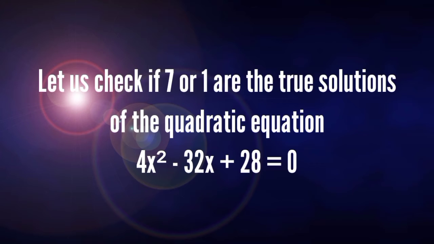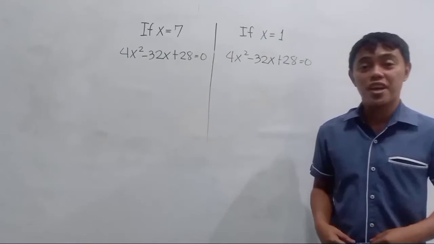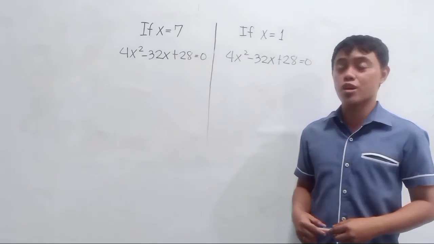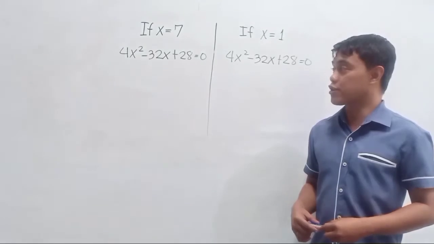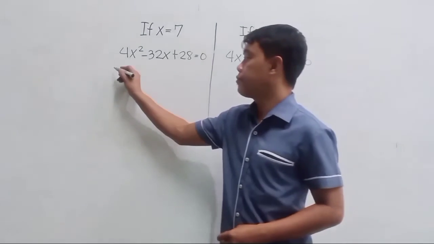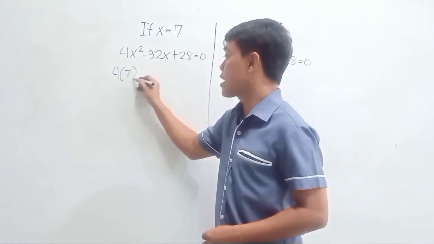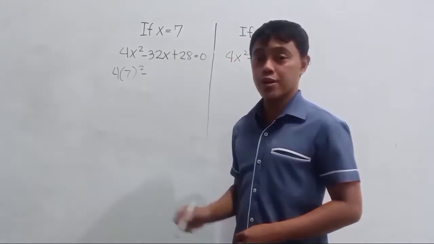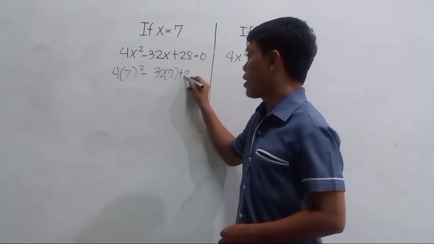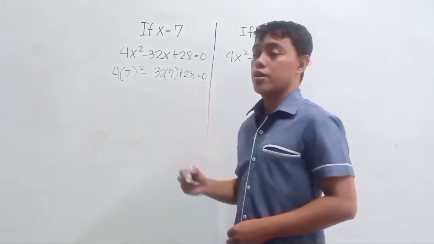Let us check if 7 or 1 are the true solutions of the quadratic equation 4x squared minus 32x plus 28 is equal to 0. If x is equal to 7, substituting it to the original equation, 4 times 7 squared minus 32 times 7 plus 28 is equal to 0.